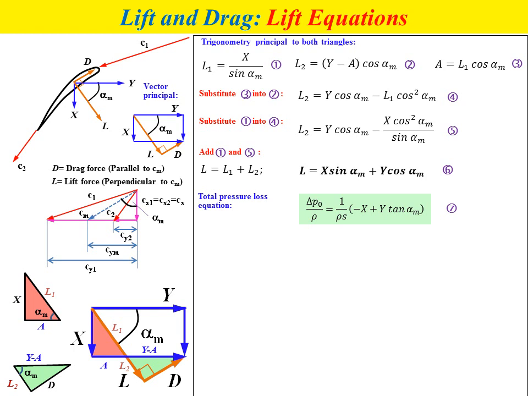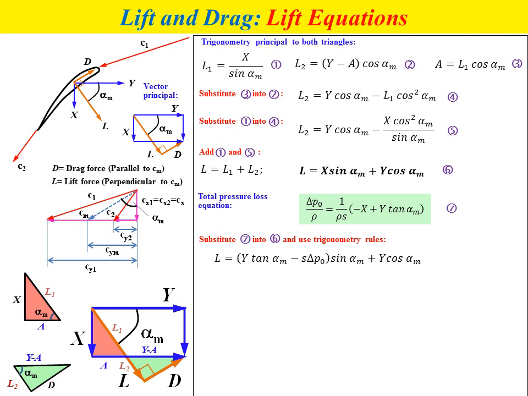Okay, in order to include the term of total pressure loss into the lift force equation, we need to use the basic equation for total pressure loss, which is referred to as equation number 7. Substitute equation number 7 into equation number 6 and use trigonometric rules. So you'll get a new arrangement for the L equation.